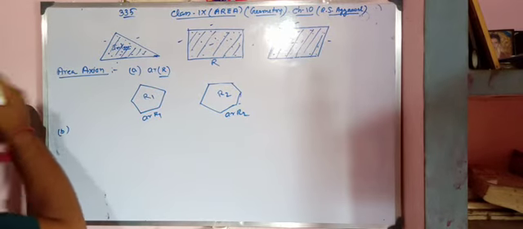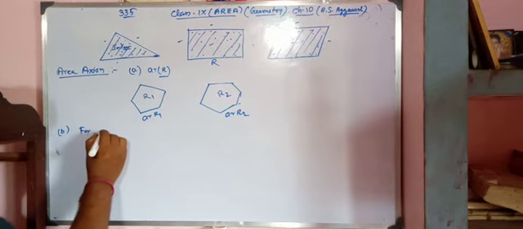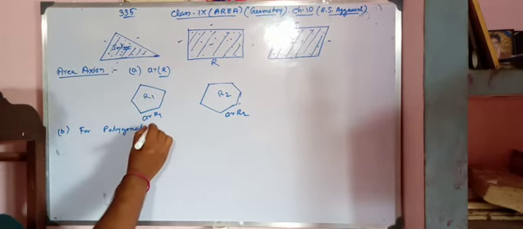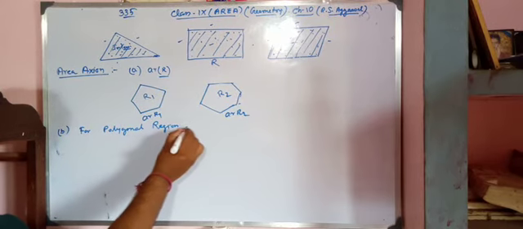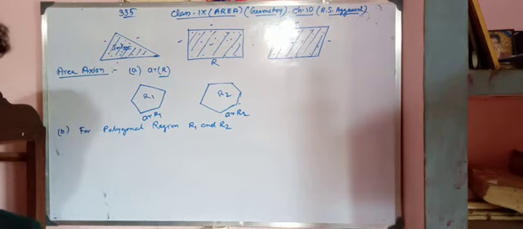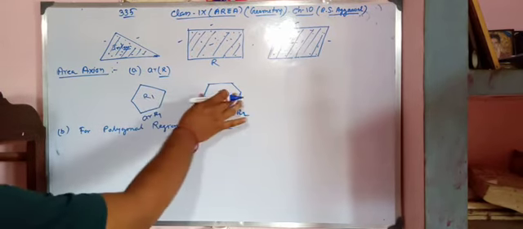Next come to B. For polygonal regions R1 and R2, this is R1 and this is my R2.